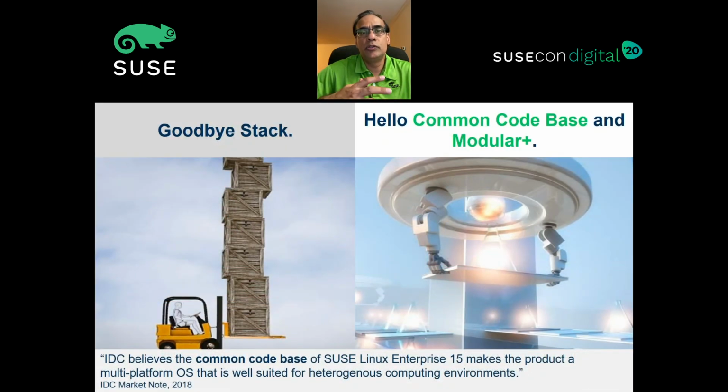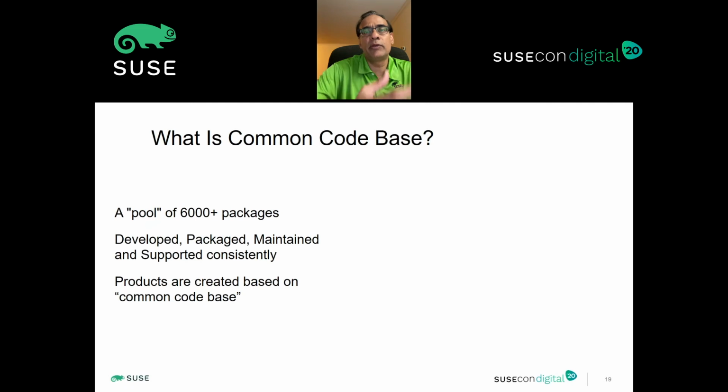So what you're doing by having a common code base and modularity is you're going away from the stack way of building our systems, where you were just making one big monolithic system. Now, having that modularity, having a common code base, really helps you get away from that and support a variety of heterogeneous computing environments.